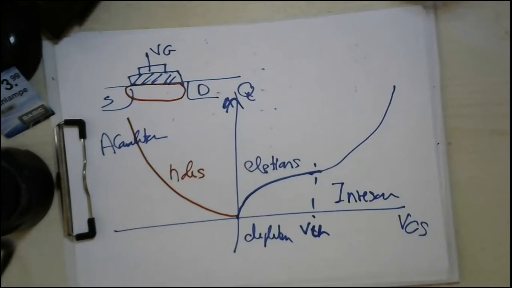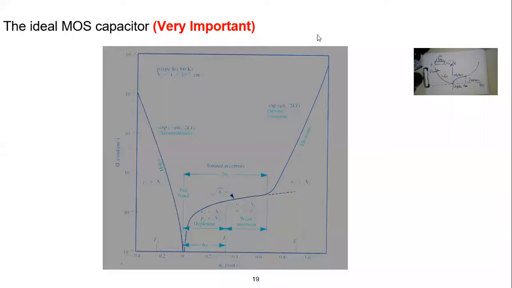So let's now return back to here. As you can see, this is typically what I just plotted on the paper. This is the accumulation, this is the depletion region, and this is the inversion region, where you have a huge amount of electrons, and now the channel becomes an n-type channel.